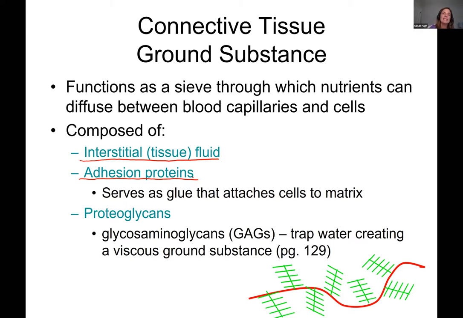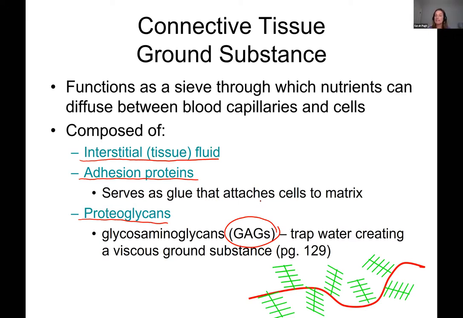And then lastly, in our ground substance, we have something called proteoglycans. Proteoglycans are something called glycosaminoglycans. A lot of times in your book, they'll call them GAGs for short. So let me see if I can explain these in a way that makes sense. I drew a little proteoglycan down at the bottom. So there's a red line with some little green, they look like bottle brushes coming off.